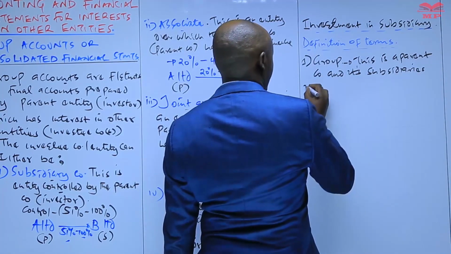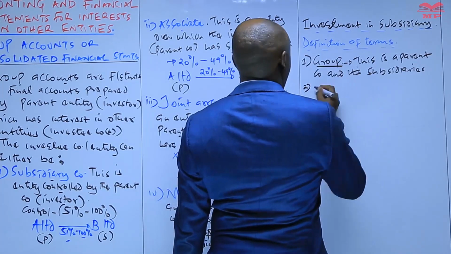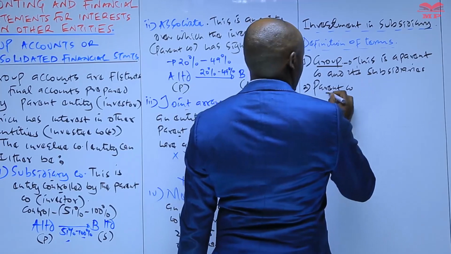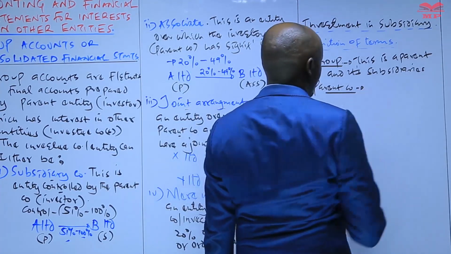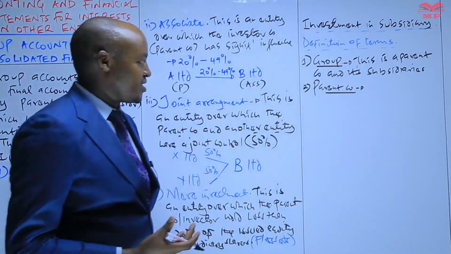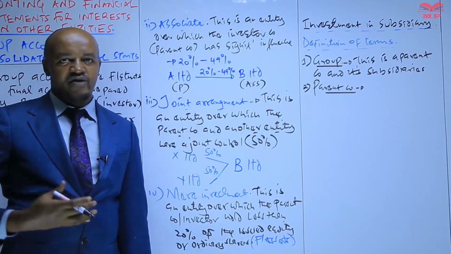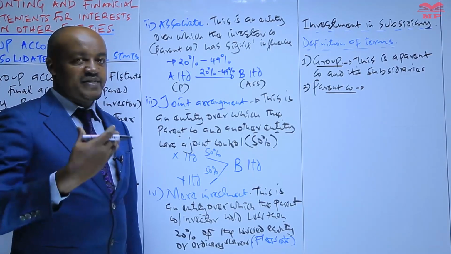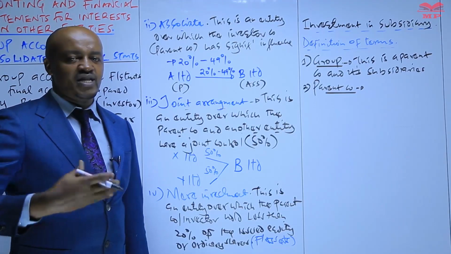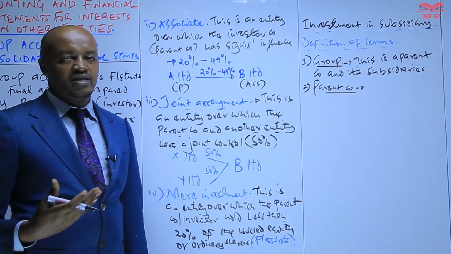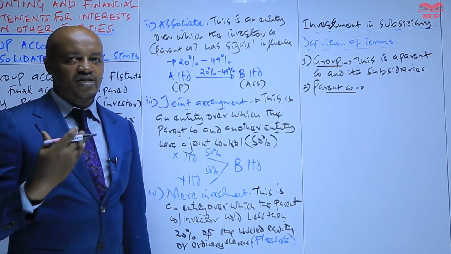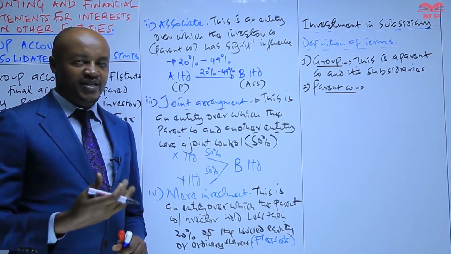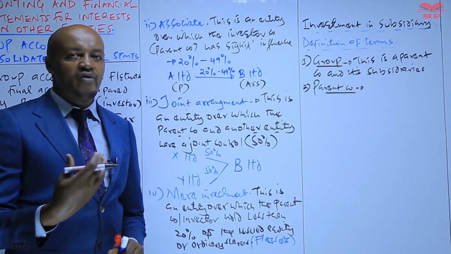The other term we need to define here is the parent company. Remember, in our introduction, we mentioned what a parent company is, which we have also referred to as the investor company. This is a company which has invested or has some interest in other entities by acquiring shares.